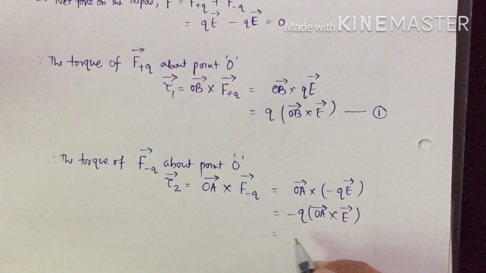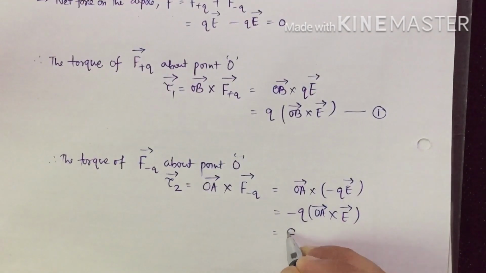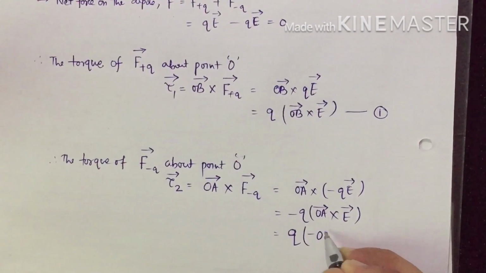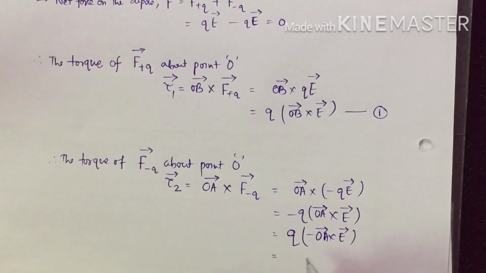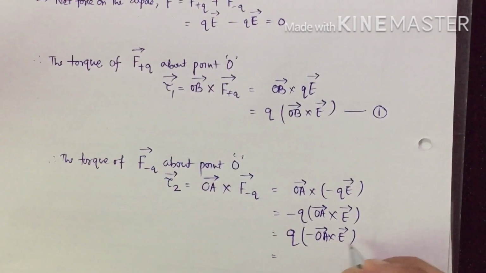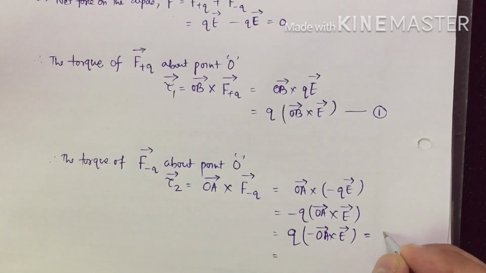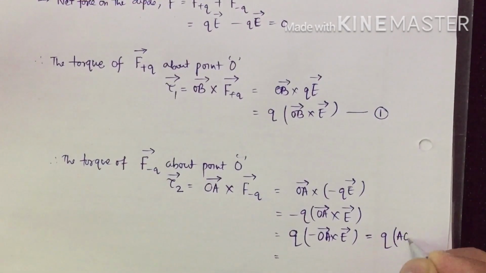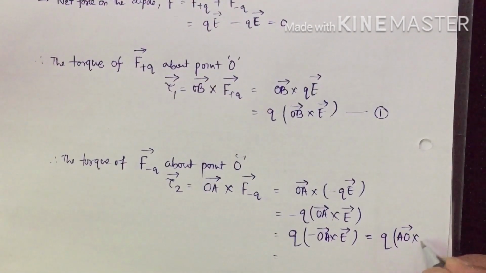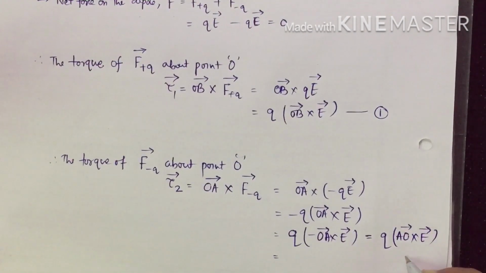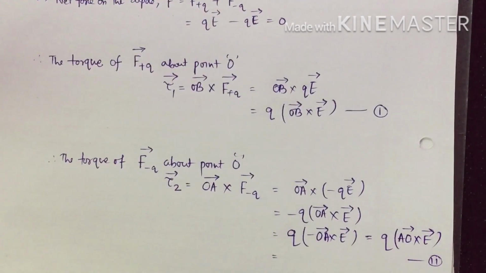Now if we take the minus sign inside, this becomes Q times minus OA cross E, and minus OA becomes AO vector. The negative of OA vector is AO vector, cross electric field. Let this be equation 2.